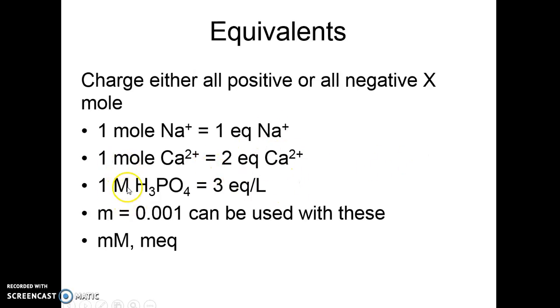Remember, this is moles per liter, so this is equivalents per liter. And you can use milli with these. You can have millimolar, and you can have milliequivalents. Remember that milli equals 1/1000th, and you use it just like you would a metric prefix as in all the other metric conversions.